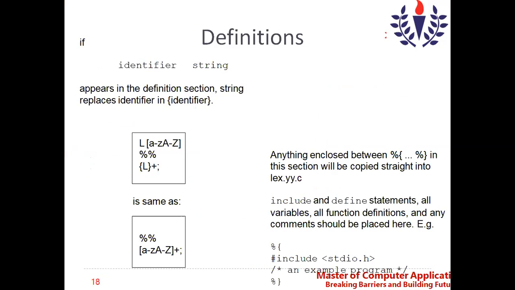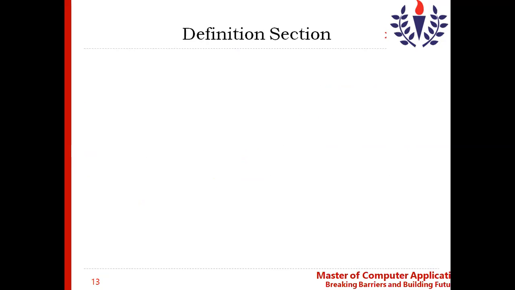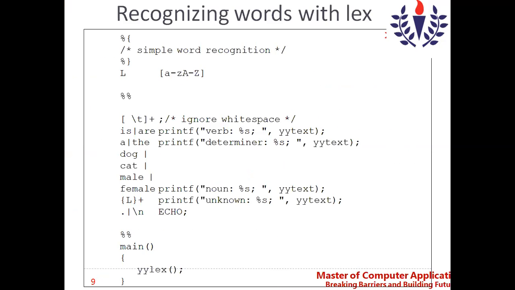This is the same thing we did in the previous program, the word recognizing program, recognizing the words in Lex. In that case, we gave the proper words like is, are, male, female, and we mentioned the patterns in the rule section itself. Whereas here, we have not mentioned the proper words.